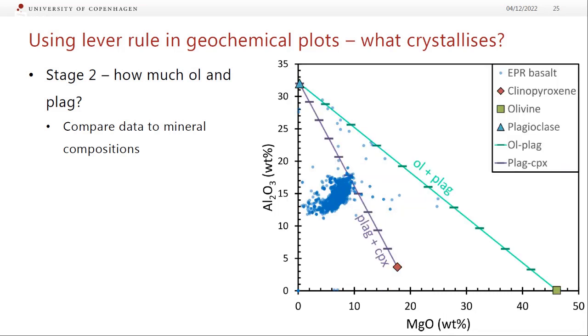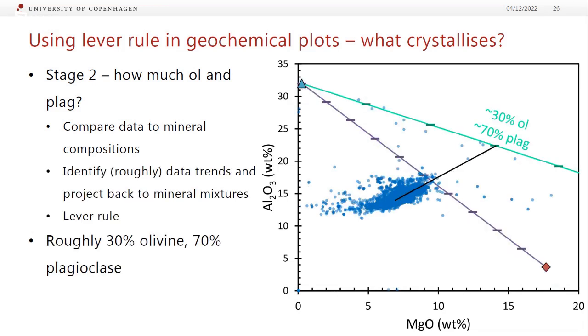And I helpfully marked it with tick marks every 10%, but this is basically the lever rule. So 10%, 20%, 30%, we're closer to plagioclase. So we've got 70% plagioclase and 30% olivine crystallizing. Okay, so that was our second stage.